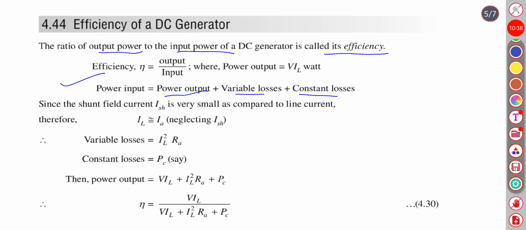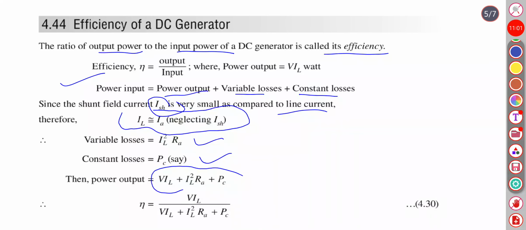Since shunt field current I_sh is very small compared to the line current, I_L is approximately equal to armature current. Variable losses will become I_L square R_a, constant losses say P_c, then the power output will become V I_L, and the efficiency will be V I_L upon V I_L plus losses.